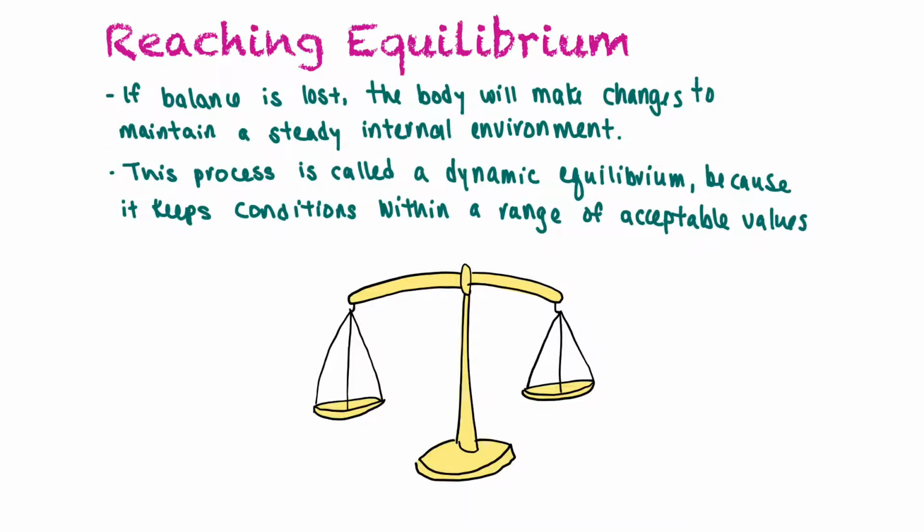Whenever balance is lost, the body will start making changes to maintain that steady internal environment. And this process is called a dynamic equilibrium because it continually keeps conditions within a range of acceptable values. So if the value rises above the accepted value, then changes will occur to bring it back to the level, or if a level drops below the acceptable, changes will be made to bring it back up.